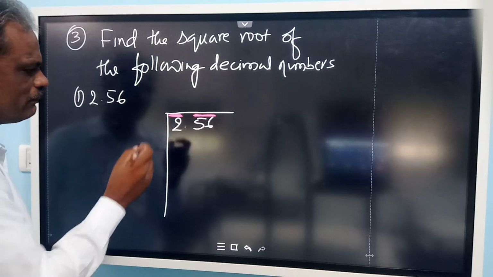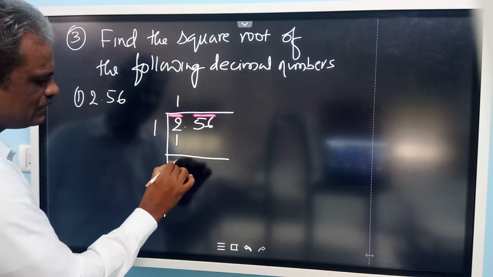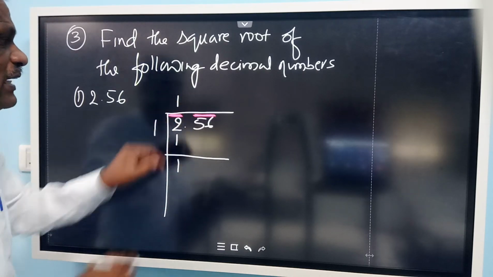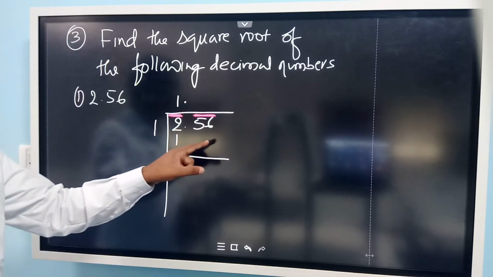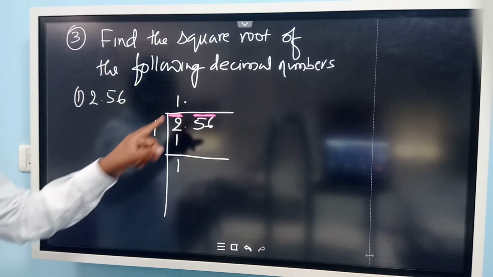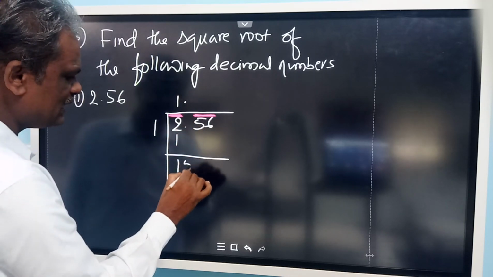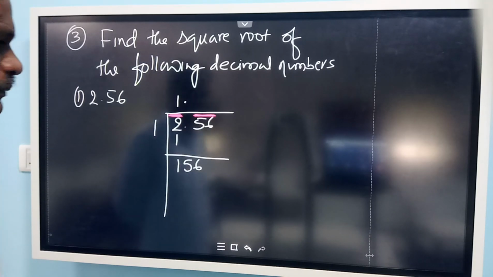The nearest square number here is 1, as 1 ones are 1. Subtract, the remainder is also 1. Now you are moving to the decimal part, so keep the decimal point in the quotient also, before you go. Now bring down that 56 here. It becomes 156. New dividend is 156.